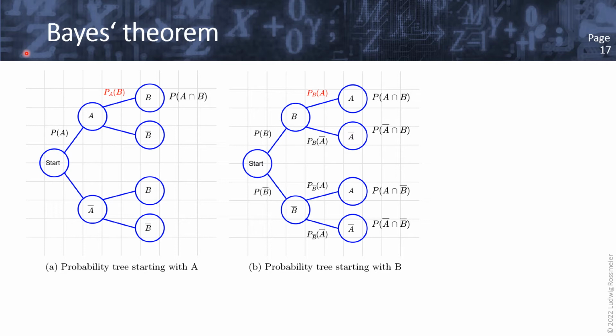To explain how the Bayes theorem is derived, I have here 2 times the probability tree.